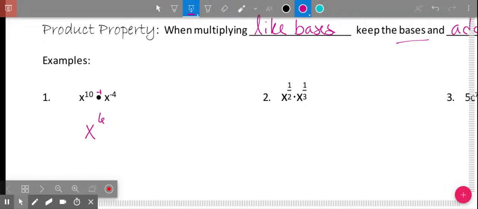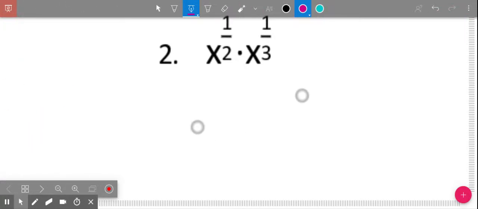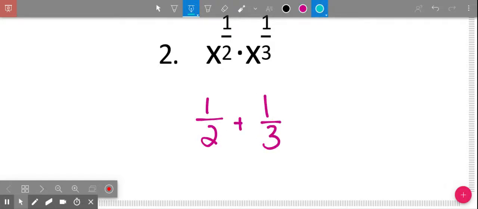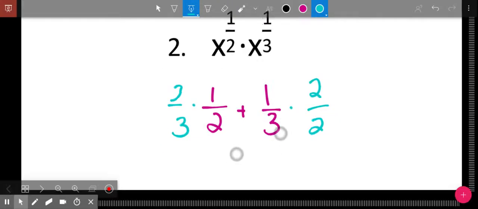Looking at the next one, number 2, I have x to the 1/2 times x to the 1/3. Again, how do you write out half an x? Okay, so we're just going to add our exponents. So I'm going to have 1/2 plus 1/3. Now, remember, to add fractions, you have to have a common denominator. So I'm going to multiply everything on this side by a 3 and everything over here by a 2. And then I can simplify.